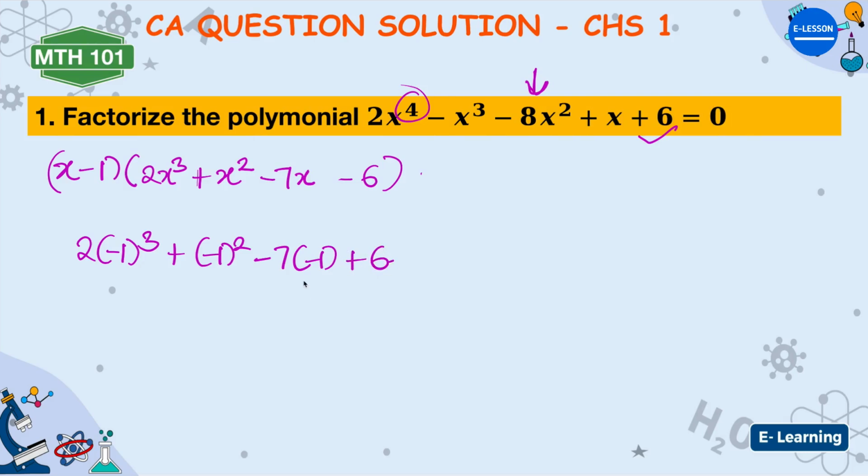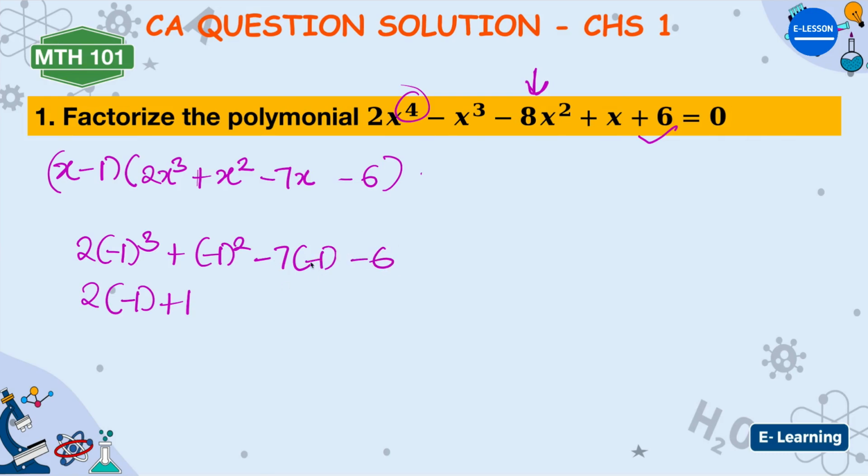All right? Exactly. So let's see. This is 2 times minus 1 raised to the power of 3, which is minus 1. Are you getting it? Minus 1 squared is plus 1. So we now have minus 7 and this. Okay, here it's supposed to be minus 6.